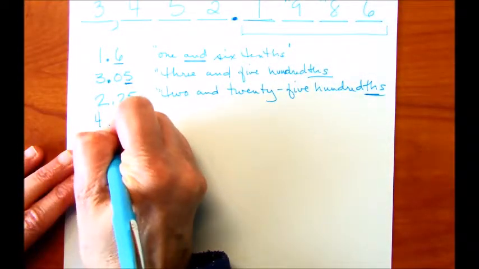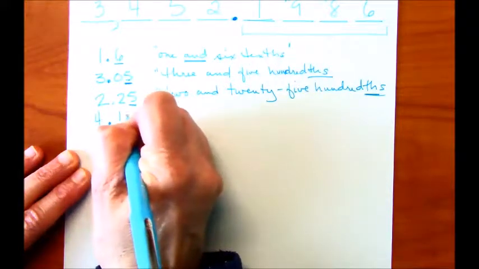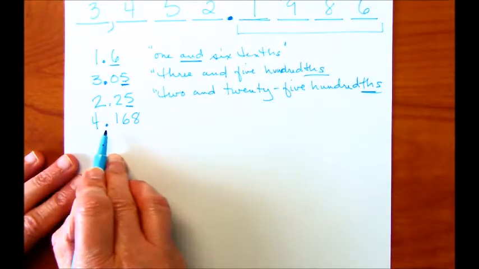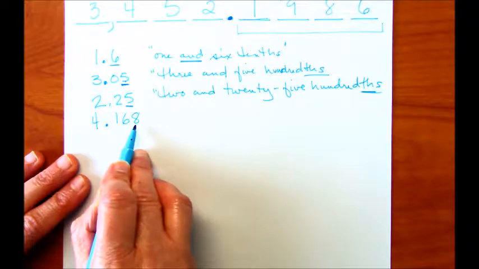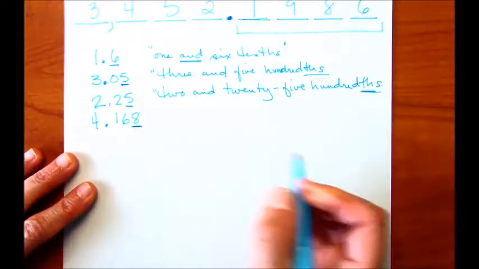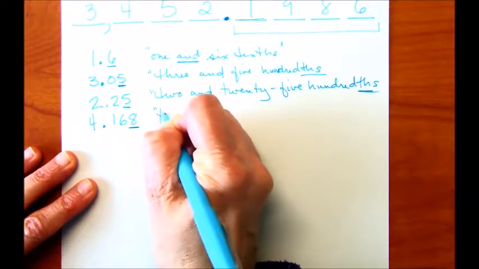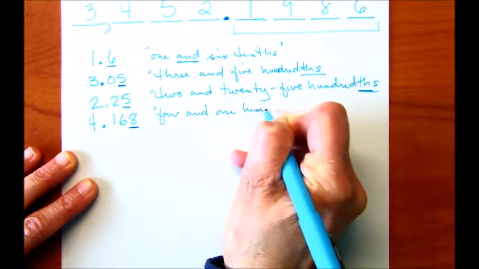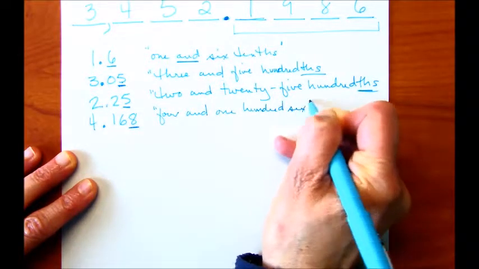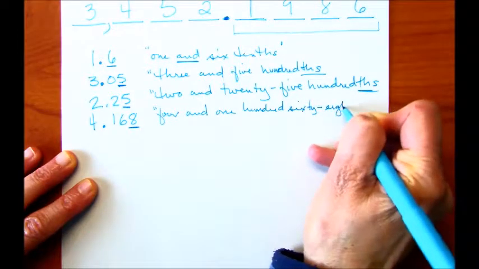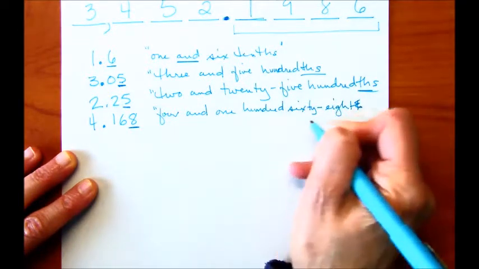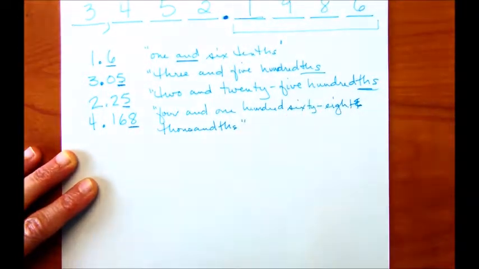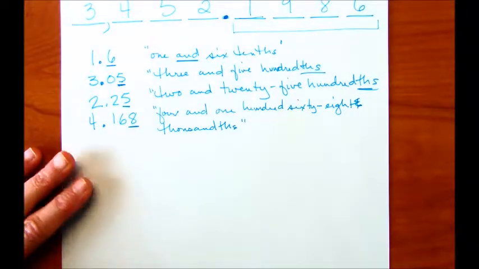Let's do 4.168. This is really 4 and 168 thousandths. This is in the thousandths place. So 4 and 168 thousandths. Now let's do some others.